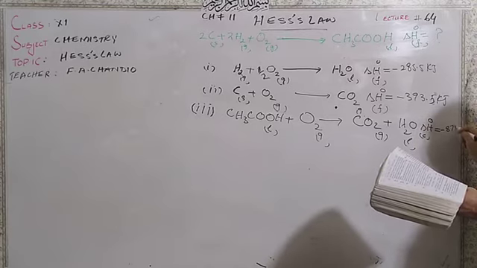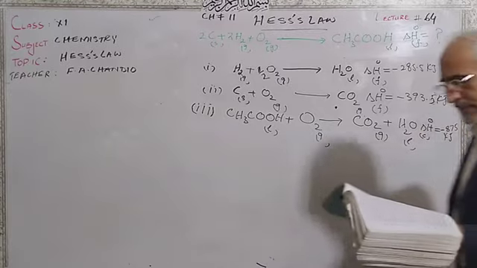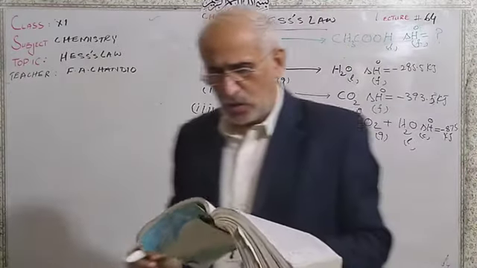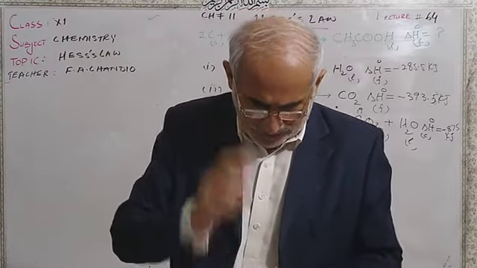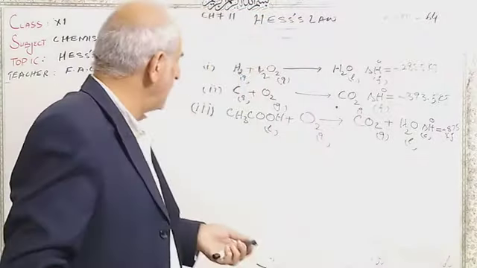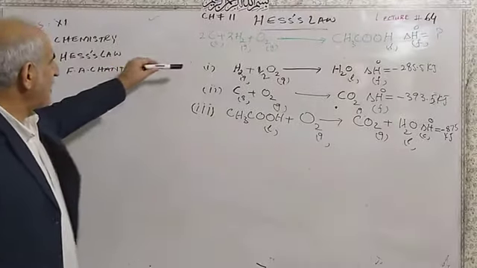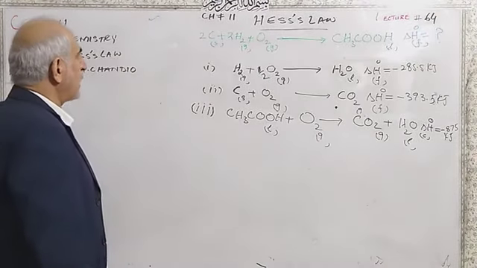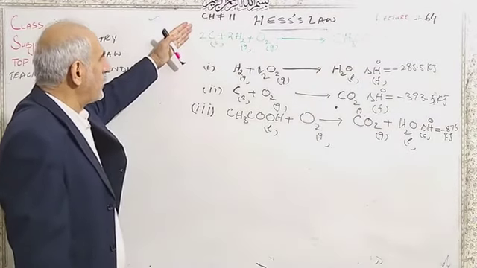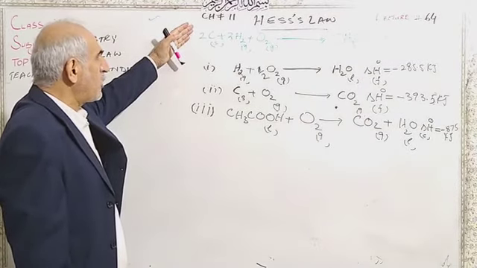The standard enthalpy of combustion of acetic acid is minus 875 kilojoules. So the same information I told you will be provided by the examiners. This is our required equation.